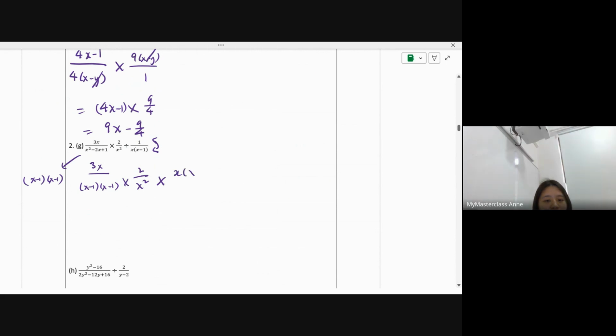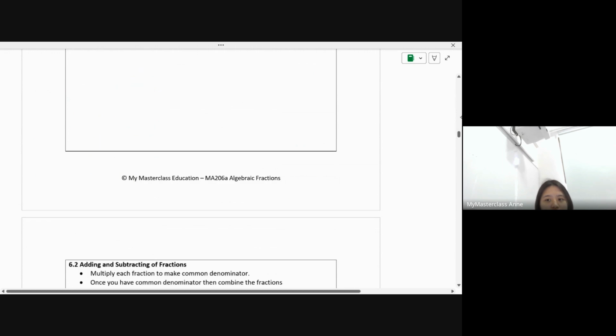So x minus 1 over 1. Now we cancel the like terms. X minus 1 cancels. Above I have x squared, below also x squared, so cancel all the x terms. So on top is 6 and below is x minus 1. That's it. Now we do the next question.